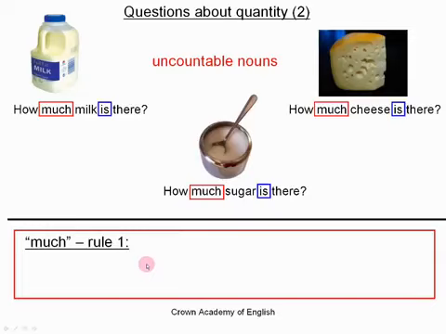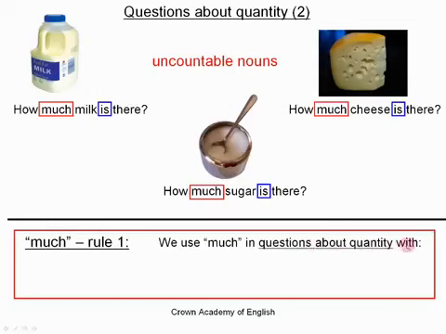So the rule here is we use much in questions about quantity with uncountable nouns. All right? Uncountable nouns. So much for uncountable nouns.